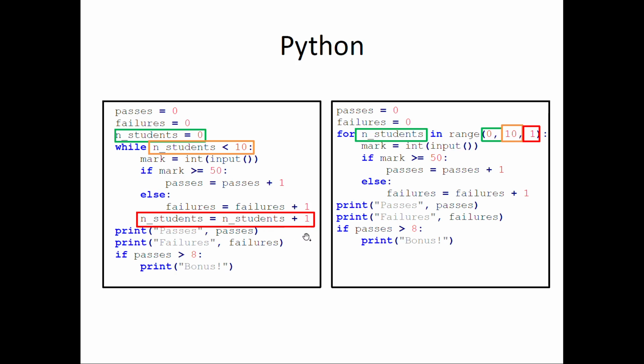So how will the number of students move from 0 to 10? It will take a step of 1. Here it will increment by steps of 1. And all of them are bundled into this for instruction. But in the while version, we have number of students which is outside, and the number of students increment which is somewhere there in the code. So yeah, it's basically very convenient to have a for loop.